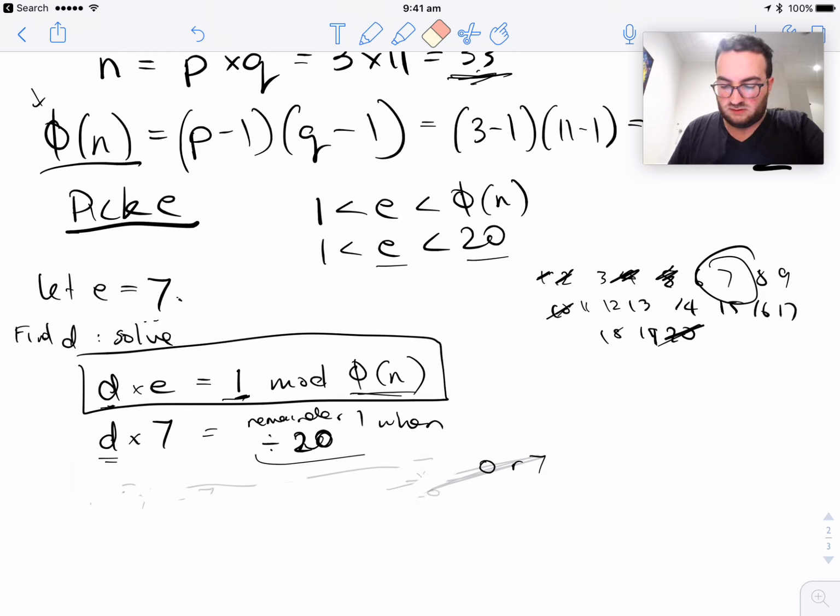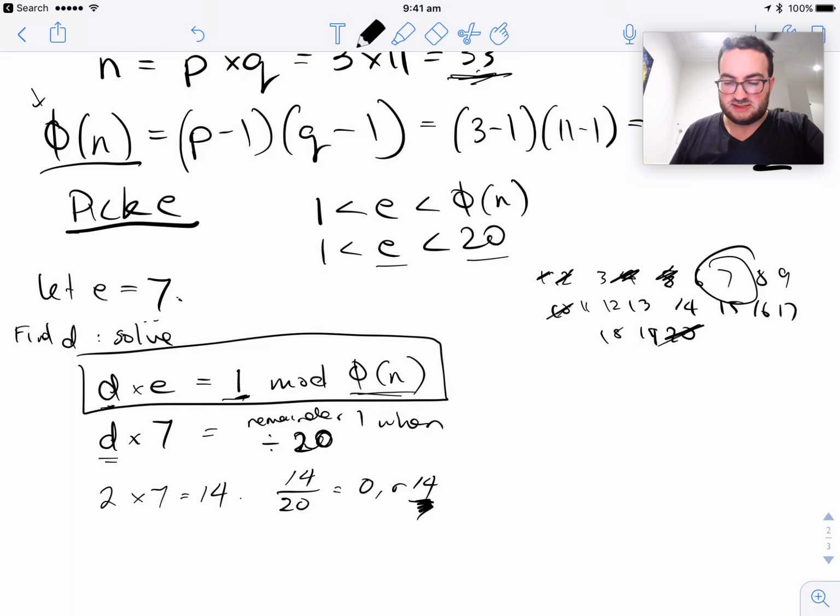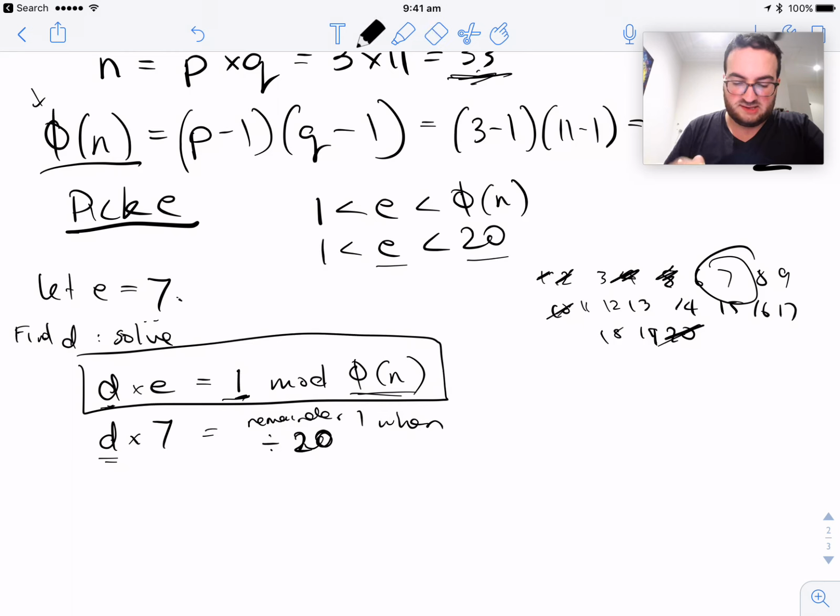Let me try 2. 2 times 7 equals 14. 14 divided by 20 equals 0 with remainder 14. The remainder here doesn't equal 1, so that's not a solution either. Oh, the joys. This is why I love maths.